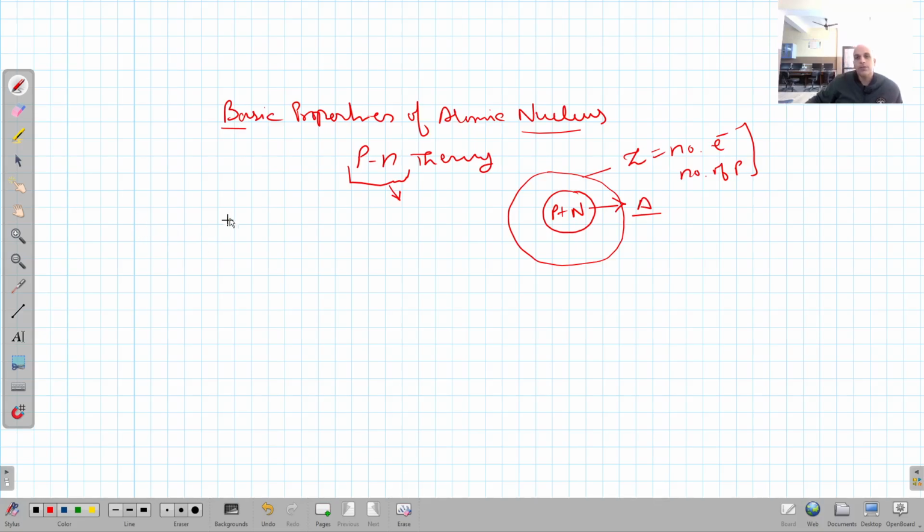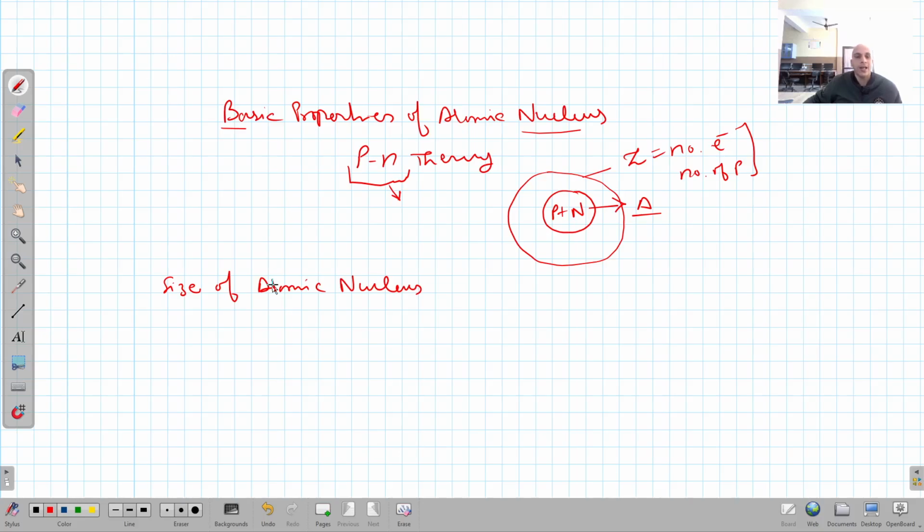So I am coming to the first property of the atomic nucleus, that is the size of the atomic nucleus. We know very well that Rutherford's alpha ray scattering experiment led to the discovery of the atomic nucleus, right?